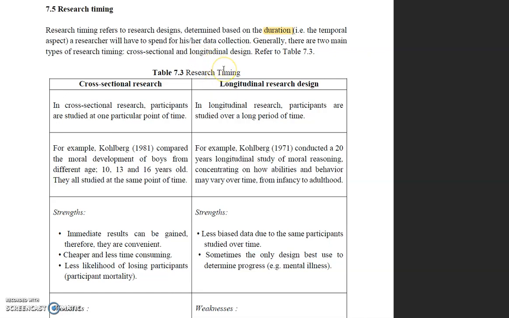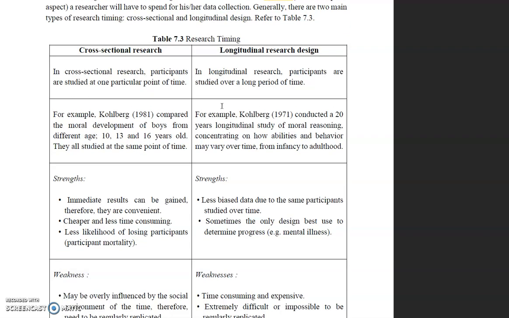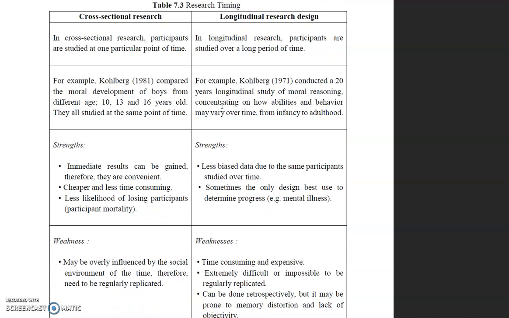So basically there are two main types of research timing. We will only look at two, which are cross-sectional and longitudinal design. So let's look at what they are in actual sense.